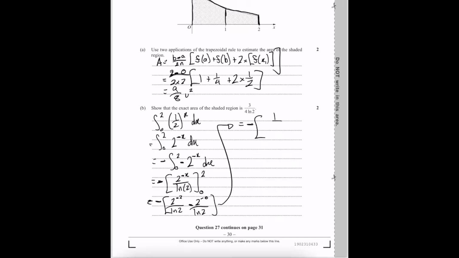It's going to be 1 on 4 ln 2 minus 1 over ln 2, which is just going to be minus, outside of minus 3 on 4 ln 2, and then that's just equal to 3 on 4 ln 2.